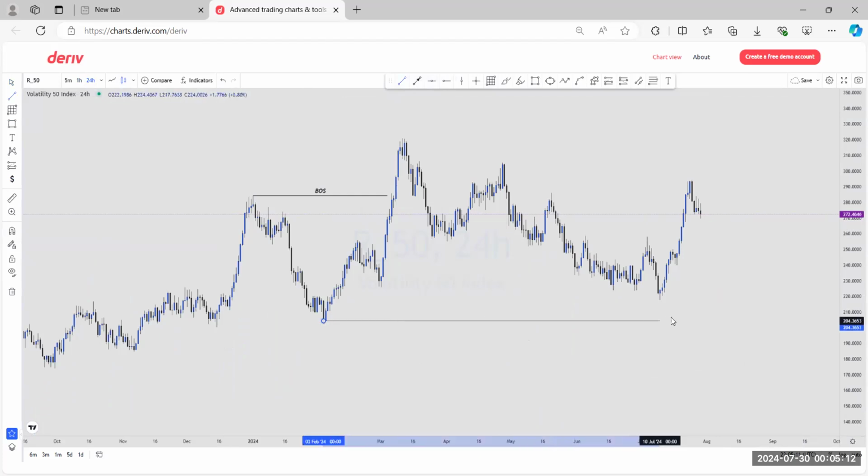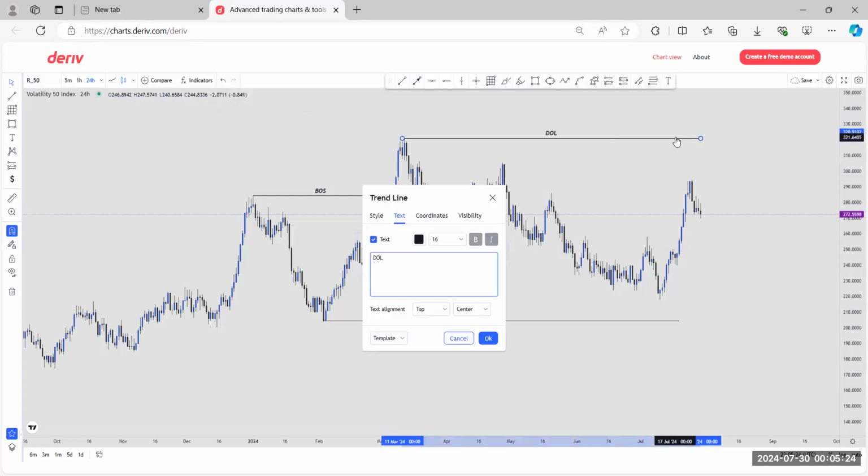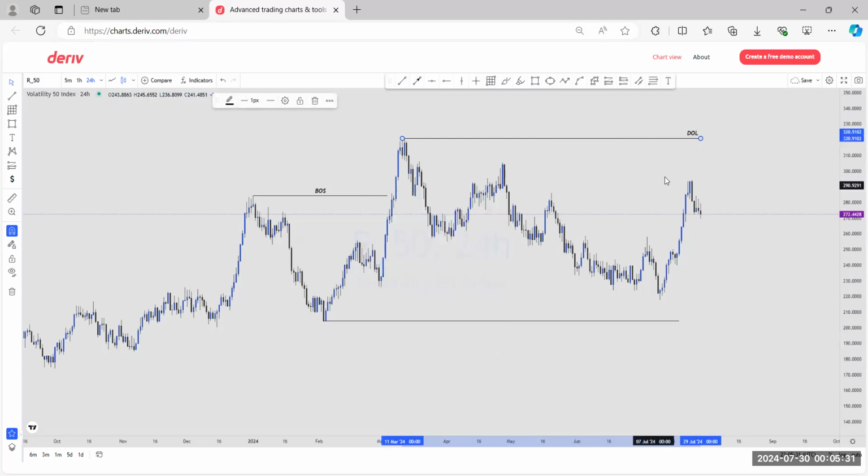This was the low, the last low, and this was our recent high, which serves as our draw on liquidity. That is a magnet because we are bullish. Price must sweep that high or may likely sweep that high.